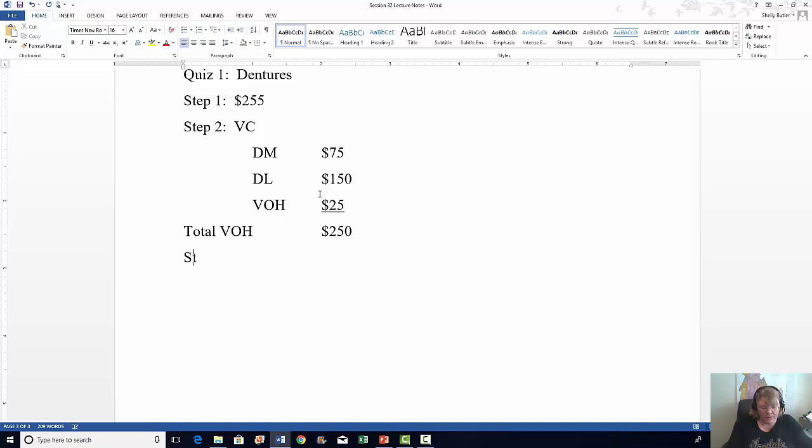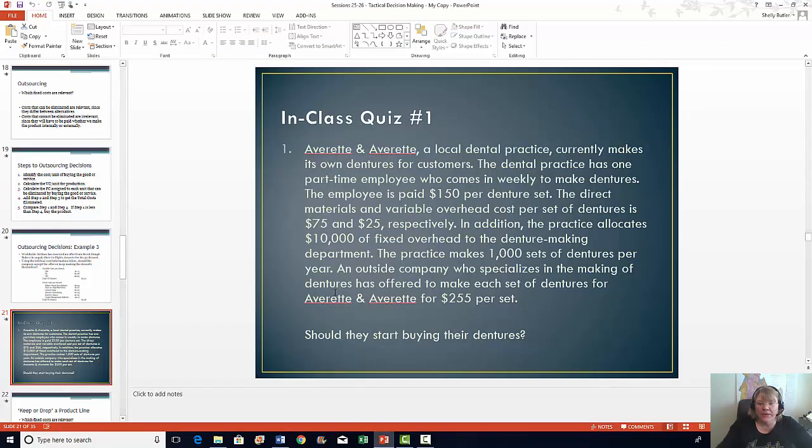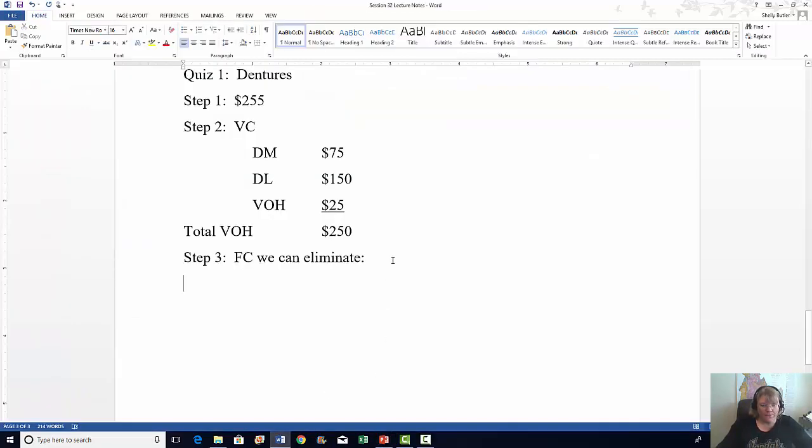Okay, so now step 3 is looking at the fixed costs that can be eliminated. So our fixed costs, going back to the slides, in addition, the practice allocates $10,000 of fixed overhead to the denture making department. $10,000 divided by the 1,000 dentures that they make a year comes out to $10 a unit.